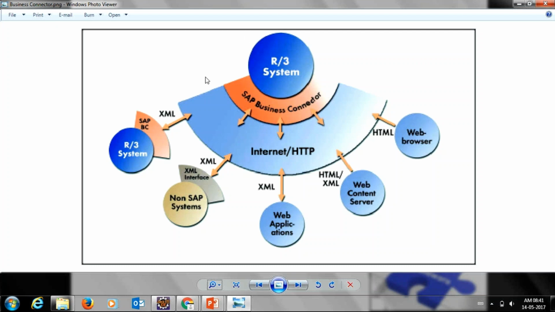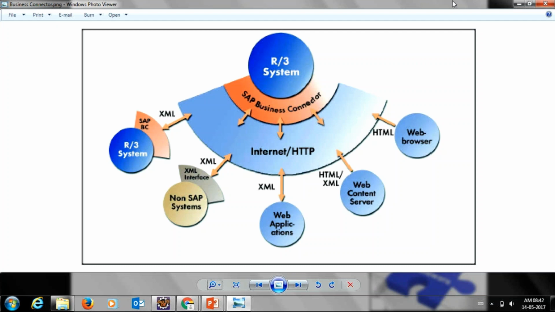So it was a simple software, Business Connector, based on, I guess, a .NET background on which it was developed.